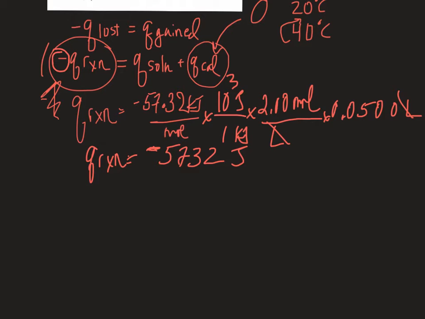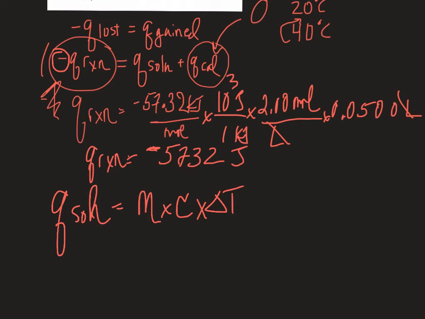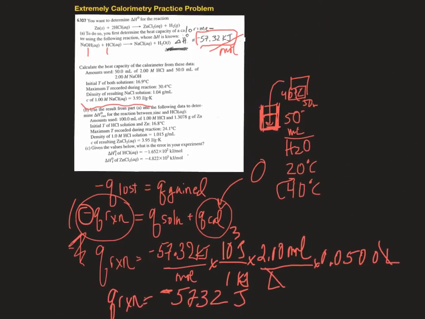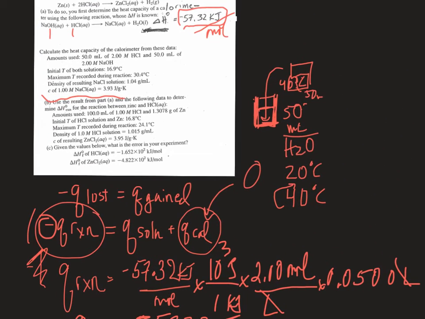Q solution is the mass of our solution times C, the specific heat capacity of our solution, times delta T, the temperature change, final minus initial, of our solution. Now, I do recall from the problem that we are given a density of solution, 1.04 grams per milliliter.